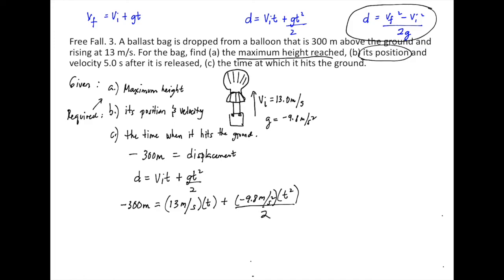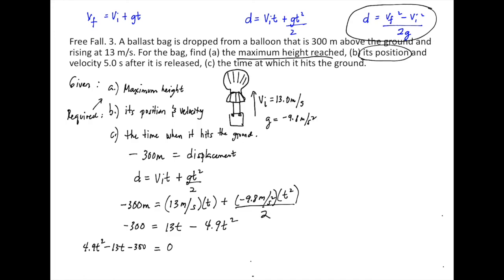Now, let's try to rearrange and simplify this equation. We have negative 300. Let me remove first the unit. And then we have 13t minus 9.8 divided by 2, that is around 4.9 t square. So rearranging, we could have 4.9 t square minus 13t minus 300.